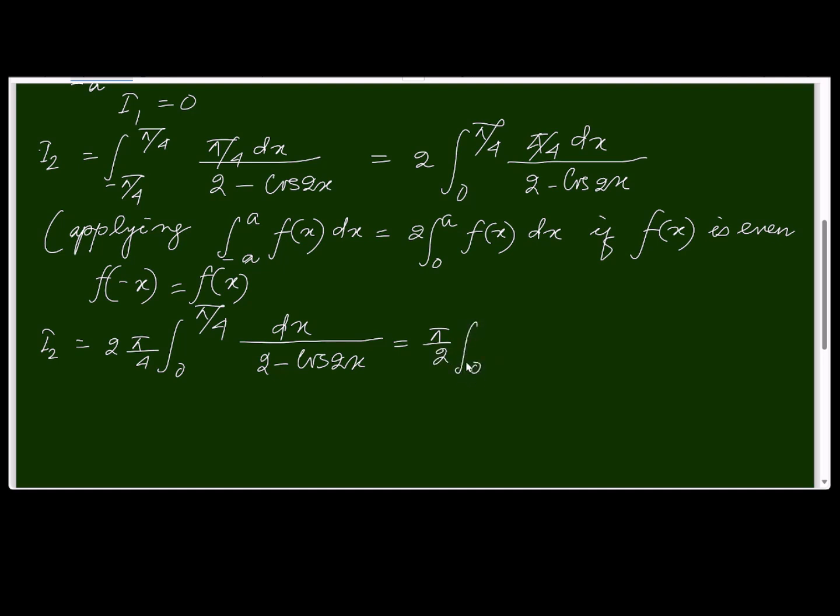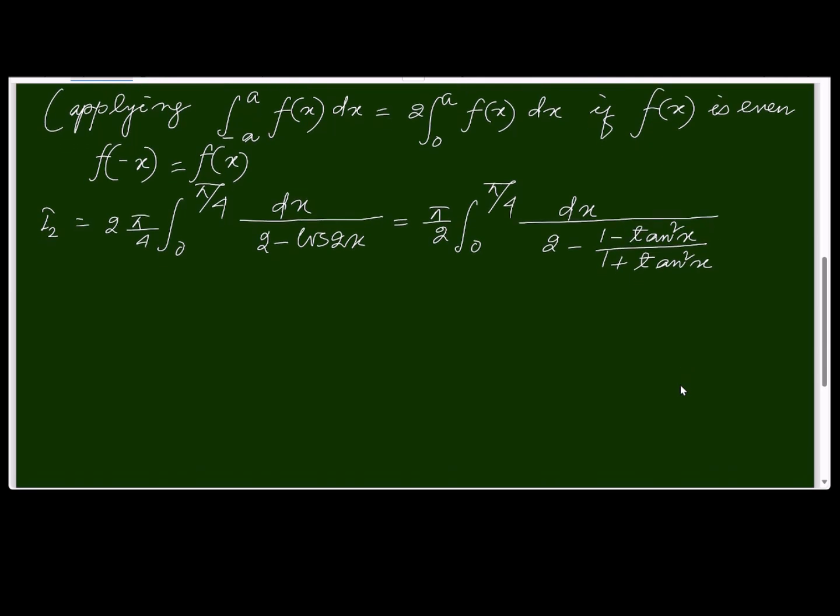Now you can solve it in your own way. But how I am doing it, I will write cos 2x as a tan function. So this is 1 minus tan square x over 1 plus tan square x. This equals pi by 2, integral from 0 to pi by 4, with 1 plus tan square x in the numerator, which will become sec square x.